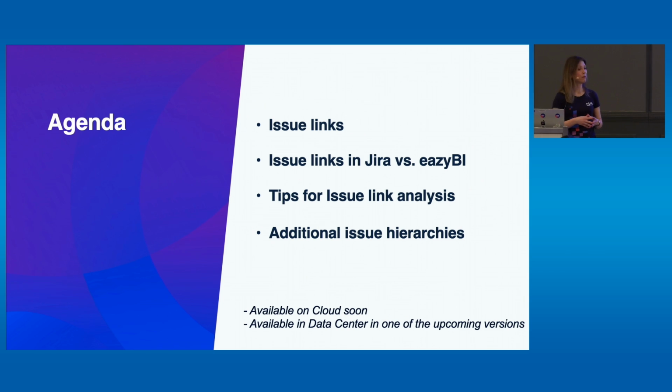So today I want to talk about what issue links are, what are the directions of the relationships of issue links, because this is also one of the biggest struggles that we see coming in our support queue. I'm going to talk about how issue links look in Jira and how we set them up in eazyBI. Some tips for analyzing the issue links, and I will finish with a few slides on building additional issue hierarchies, because this is quite connected with issue links as well.